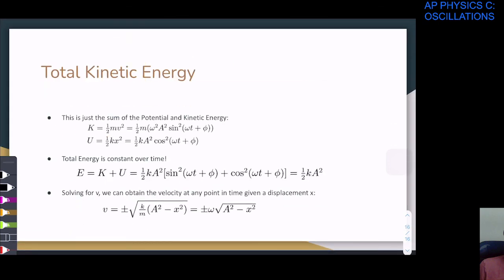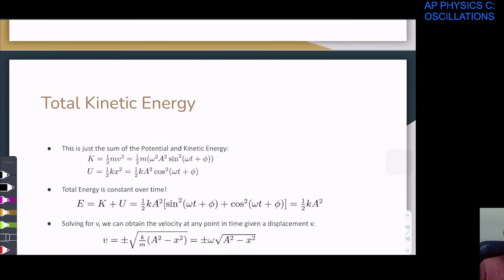And the total energy is just the sum of the potential and the kinetic energies, which is just the sum of these two terms over here. So the total energy is constant over time. K plus U, if you take these two terms and sum them up, you can factor out 1/2 k, and then you end up getting this over here.